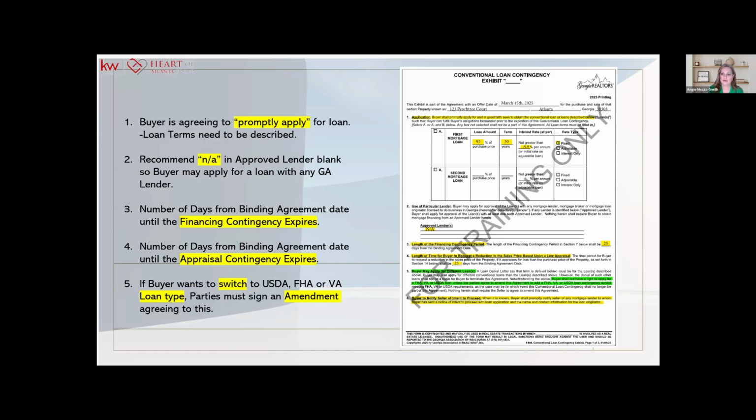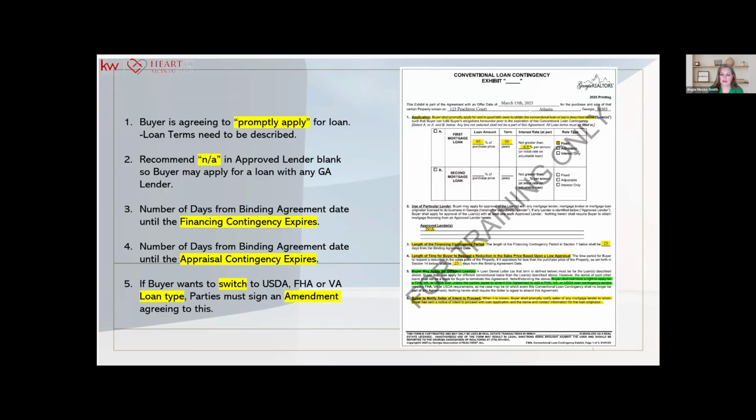But putting the percentage in that blank absolutely, positively does not have its own standalone right to give the buyer a right to terminate if the rate goes above that. I just want to make that super duper clear, and I have confirmed that with the attorneys that write these docs. Okay, so then you have to clarify whether it's a fixed rate, adjustable, or interest only.